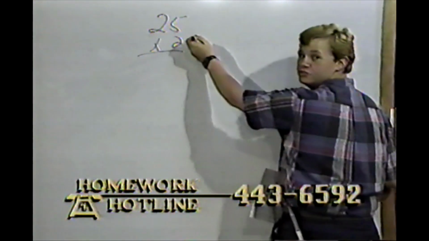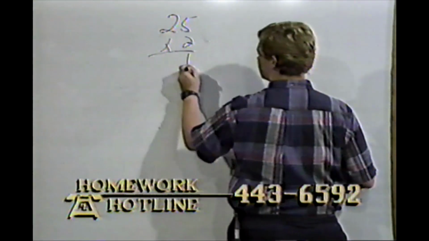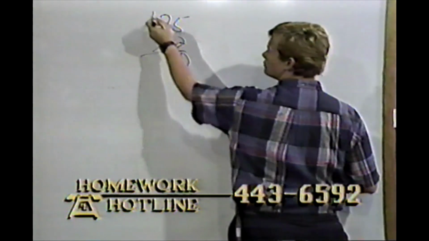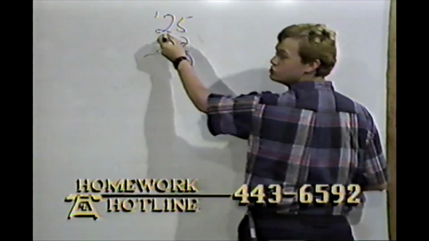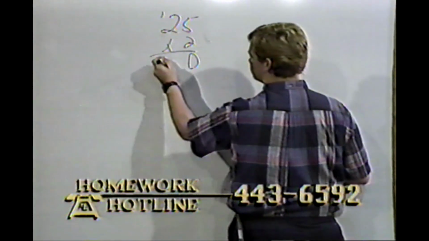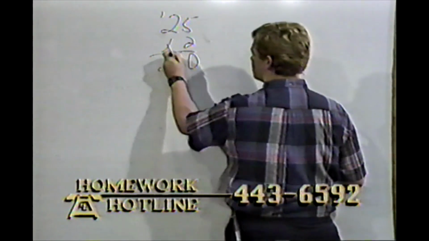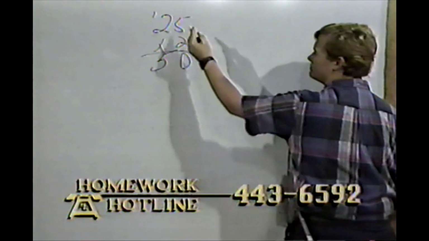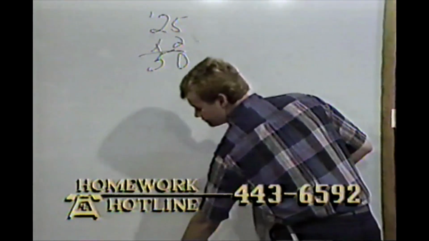First, you multiply this 2 times the 5, and you get 10. You carry the 1 over. 2 times 2 is 4, and you add the 1 that you carried over, and that's 5. So your answer is 50. 25 times 2 is 50.